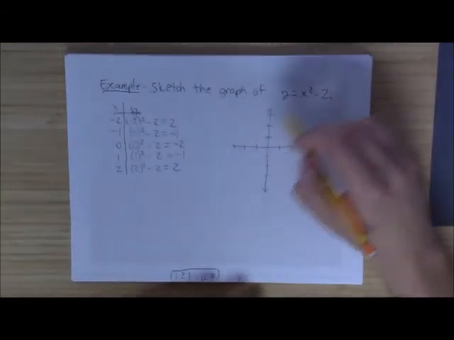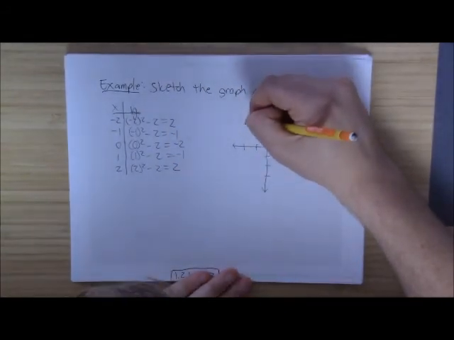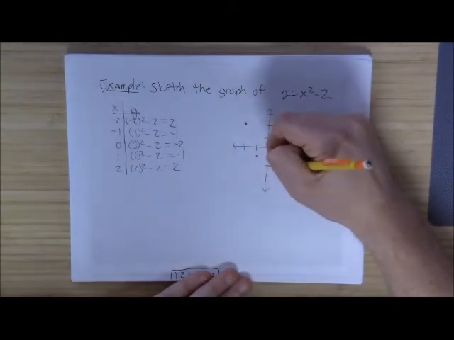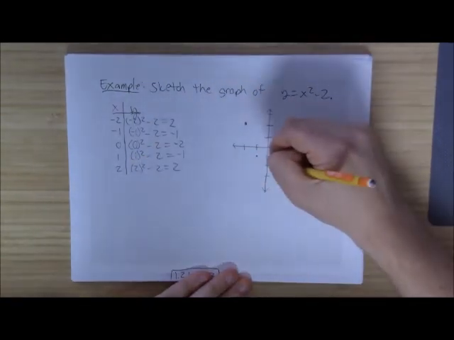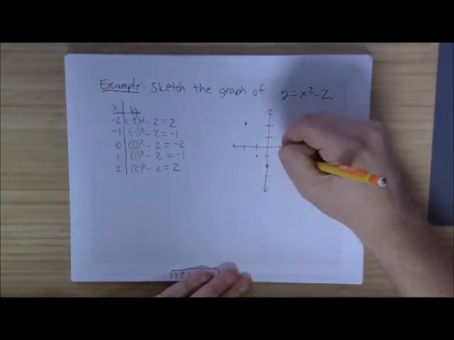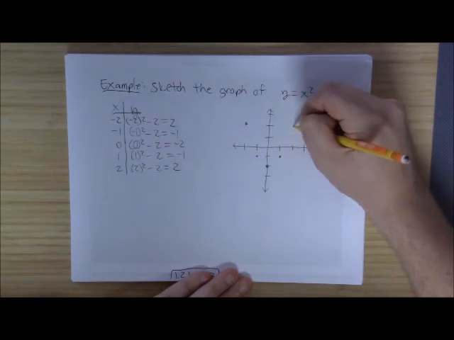So if we plot these points, we have -2, comma 2, -1, comma -1, 0, comma -2, 1, comma -1, and 2, comma 2. So 2, 2.